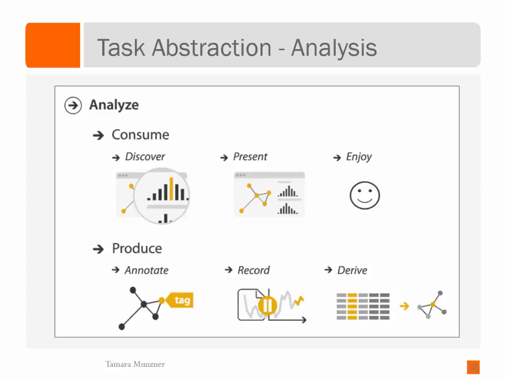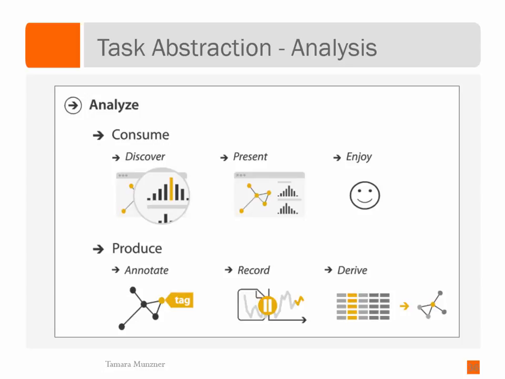In producing, we might annotate. So we found some unique insight or aspect, and we place a tag. If you remember at the beginning of this lecture, the New York Times was placing annotations or tags on particular cities in the country as part of the discussion on moving up the income ladder.